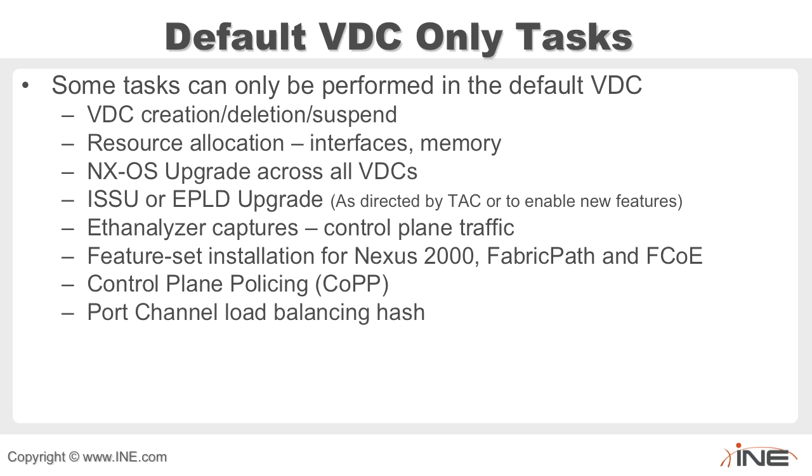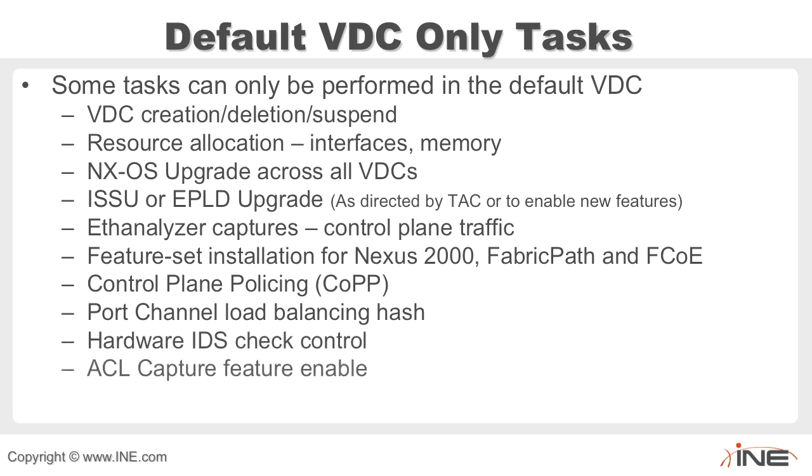I can create port channels and utilize them in other VDCs, but if I want to change the default load balancing hash mechanism, then I need to be in the default. Hardware IDS check control, ACL capture function enabling, and system-wide QoS. And we'll talk about some of these in a lot more detail, such as system-wide QoS in the QoS section, or port channel load balancing hash operations in the multi-chassis EtherChannel, or VPC.